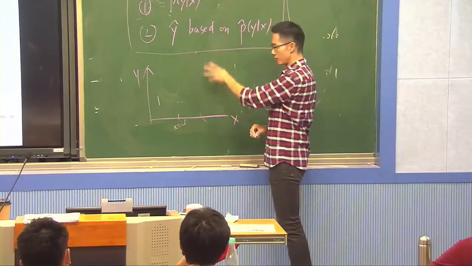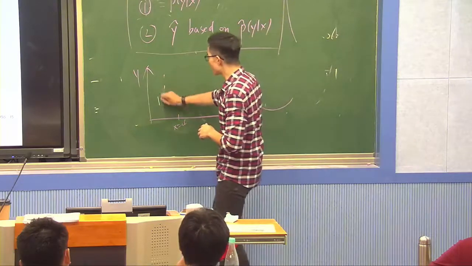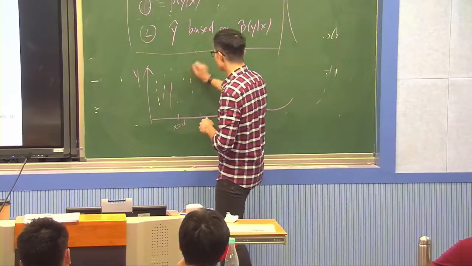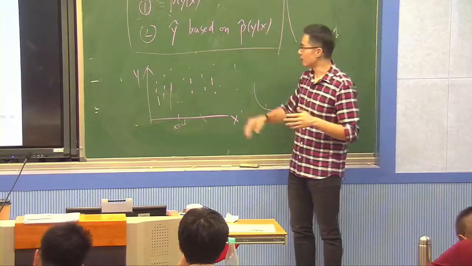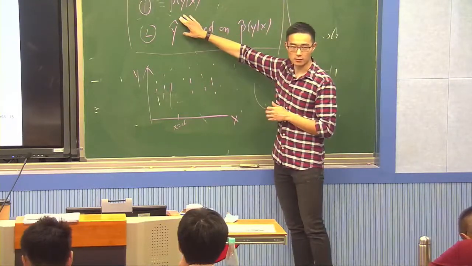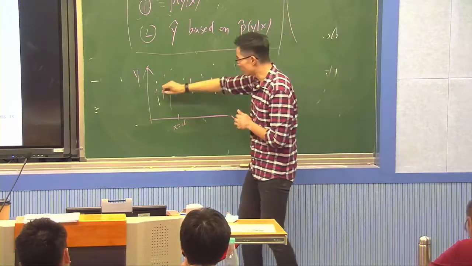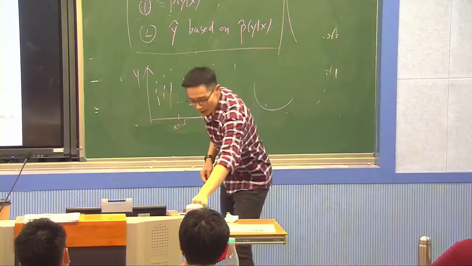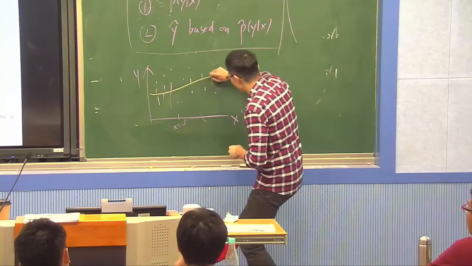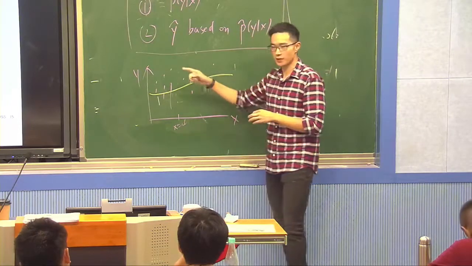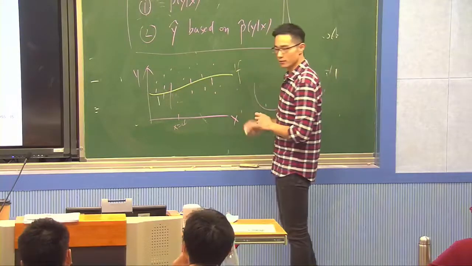The other way of doing things is, even if y is noisy, I do not estimate the distribution. I still try to find an f. So even if y is noisy, my goal is still to find an f that helps me to predict y as accurately as possible.